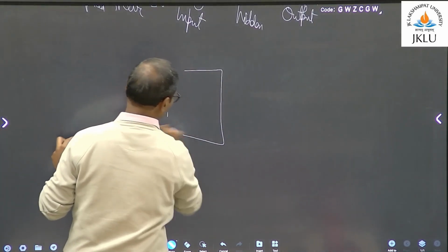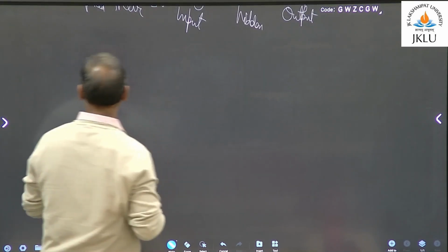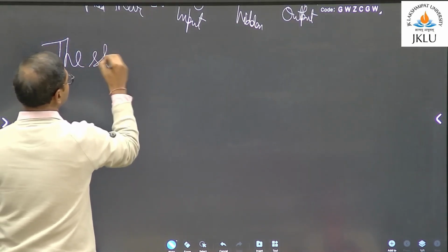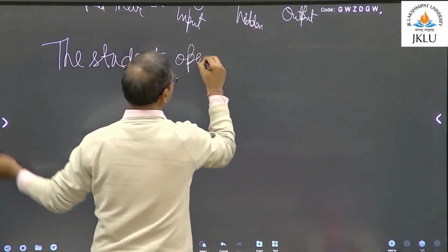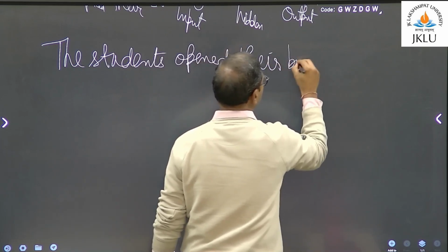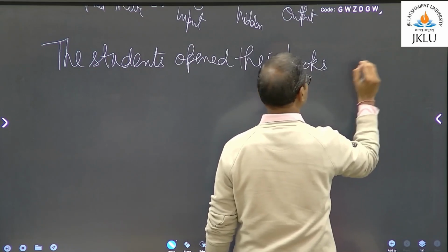Before I do this, let me try to. So give me just one more sentence after this. The students open their laptops. So let me. The students opened their books. Let's say I want to have one more thing later.